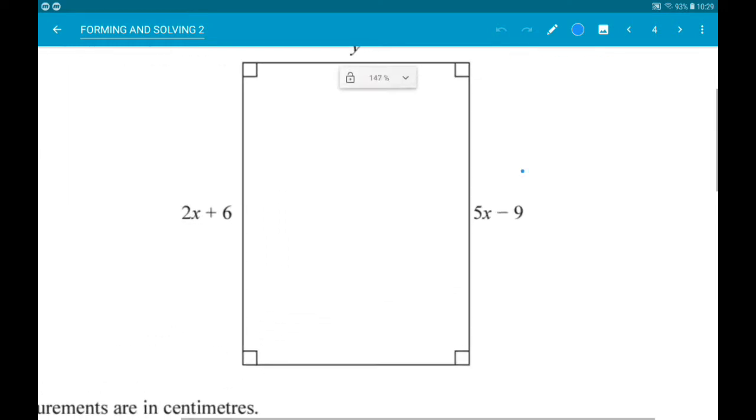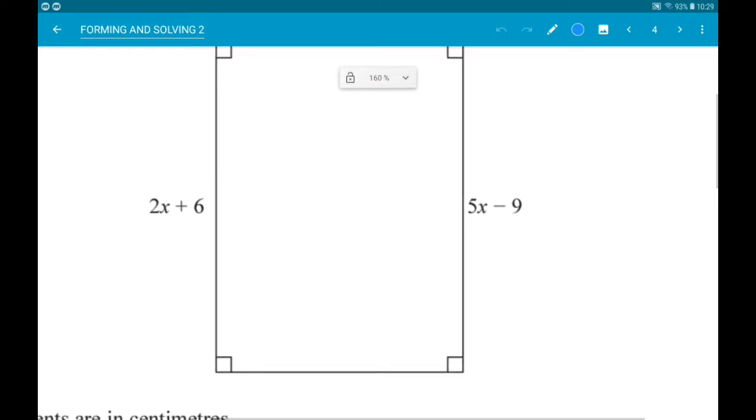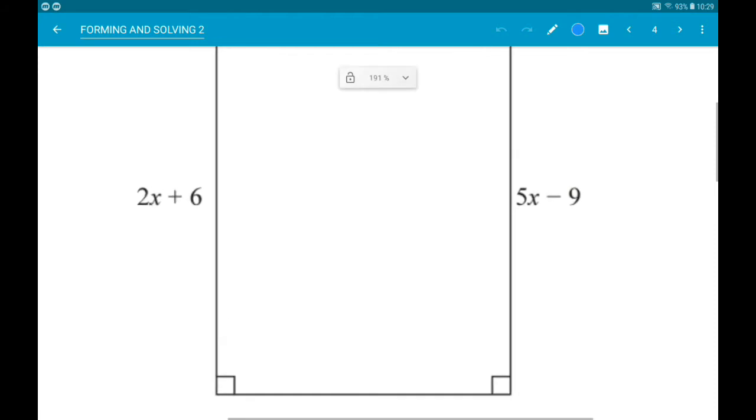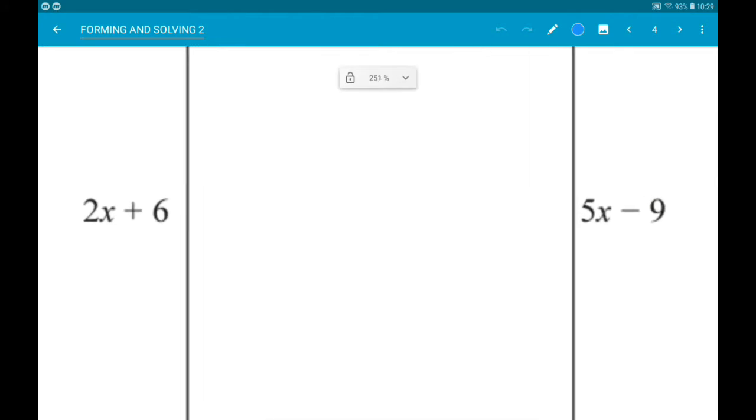Now, what do we know about rectangles? Well, we know they have two pairs of equal sides. So, that means these two expressions for the height in terms of x are equal. They are the same.